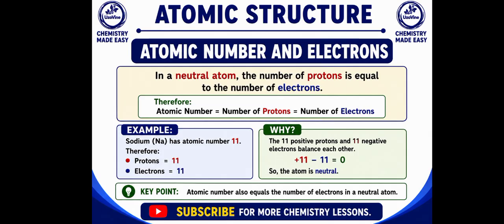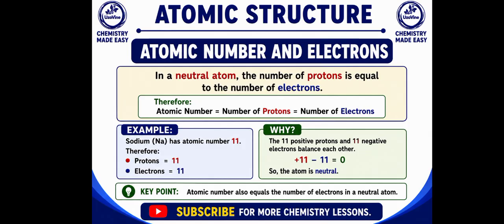For instance, if there are 11 positive protons and 11 negative electrons, 11 minus 11 will give us 0, and we know that 0 is neutral. Now, look at it this way. Protons, like we said earlier, are positively charged, while electrons are negatively charged. So if you have an equal number of protons and electrons, they cancel or balance each other.